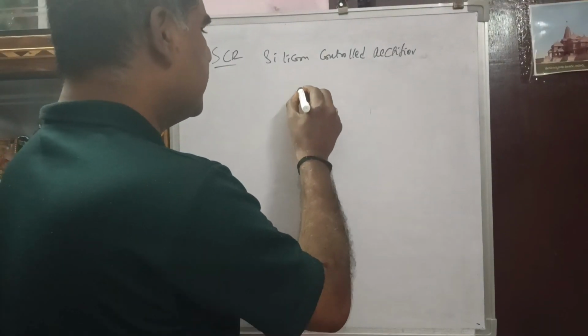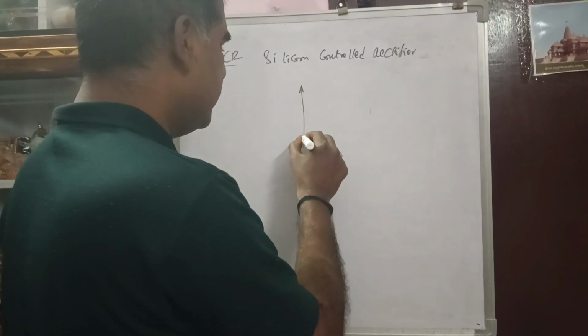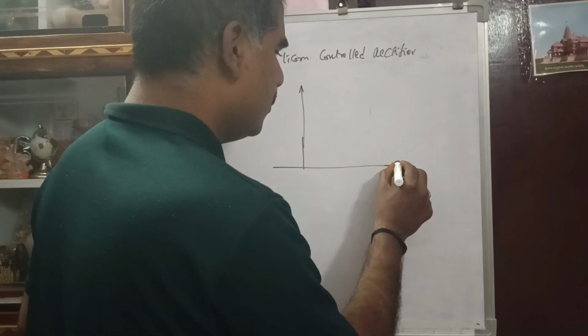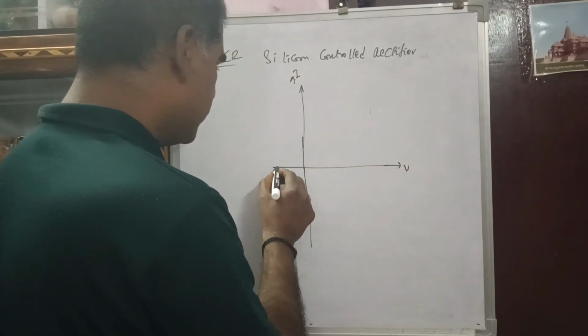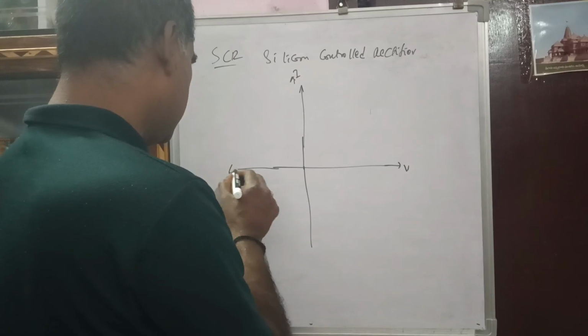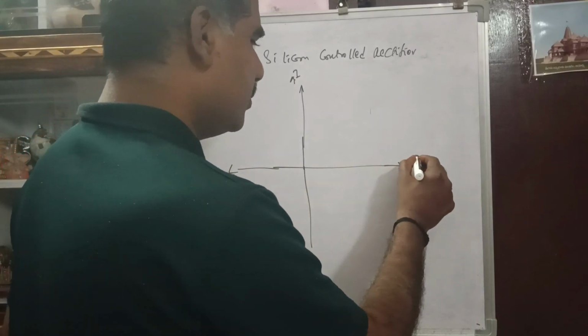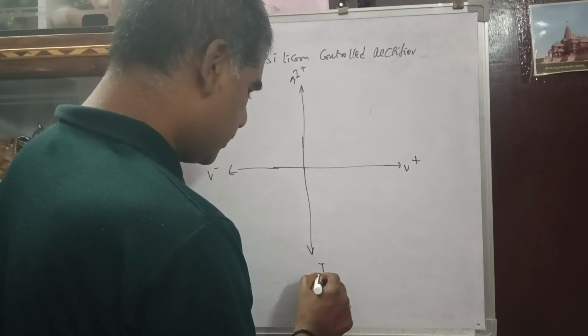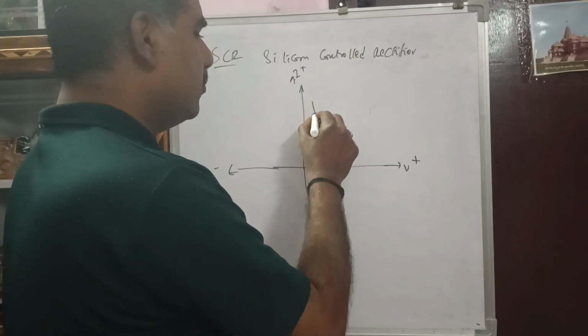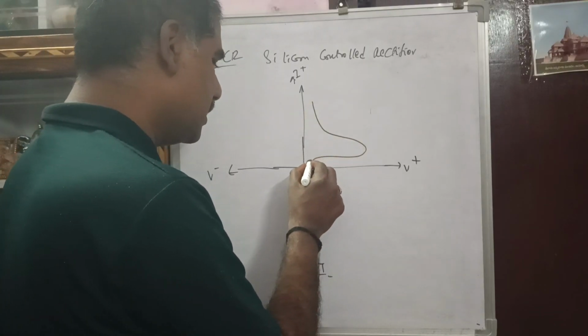Last, we generally take a graph with voltage along the x-axis and current along the y-axis, with V negative, V positive, I positive, and I negative. The graph will be like this.